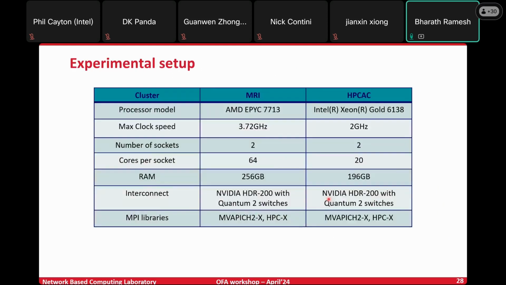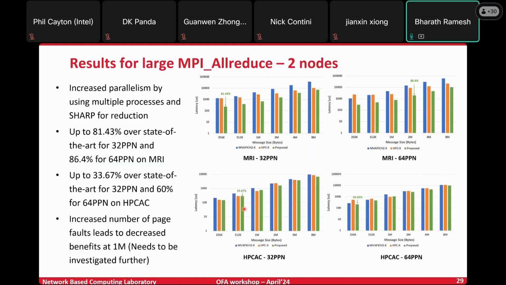Coming to the results, we ran our experiments on two systems, one with an AMD processor and one with an Intel processor, and both have Mellanox Quantum 2 switches. We compare against state-of-the-art MPI libraries, and we see up to 30 to 80% improvements over state-of-the-art, except for the 1 megabyte message size, where we observed an increase in page faults.